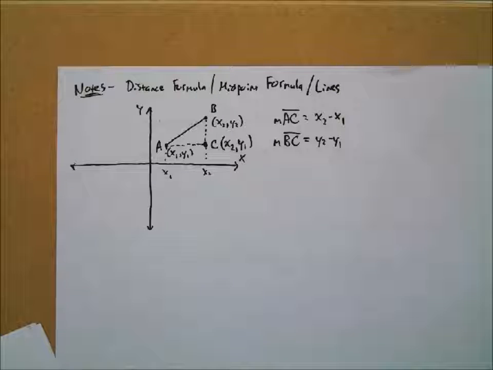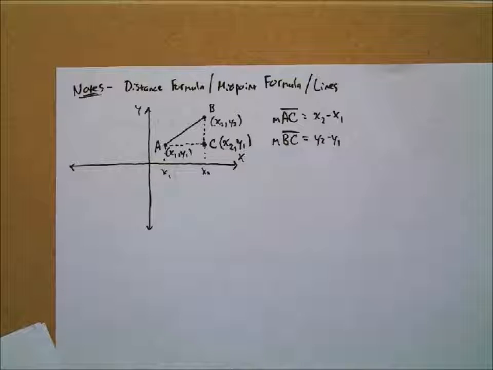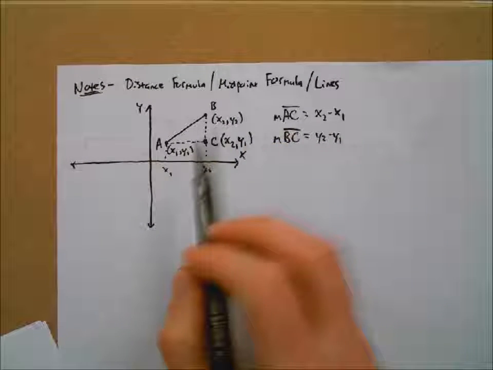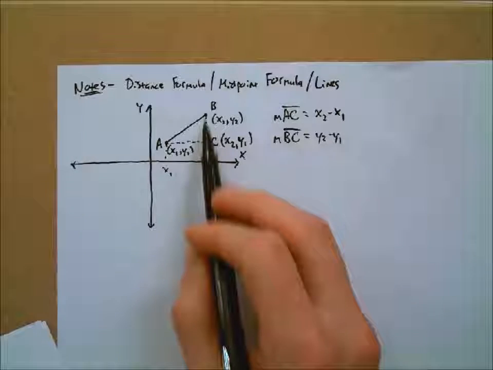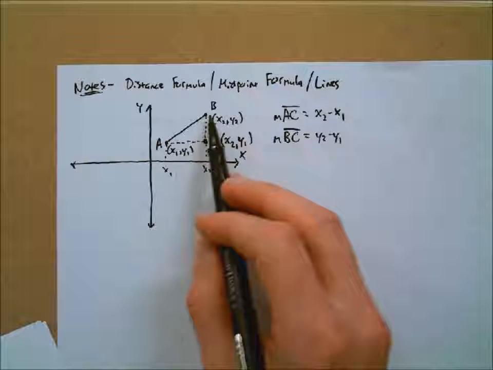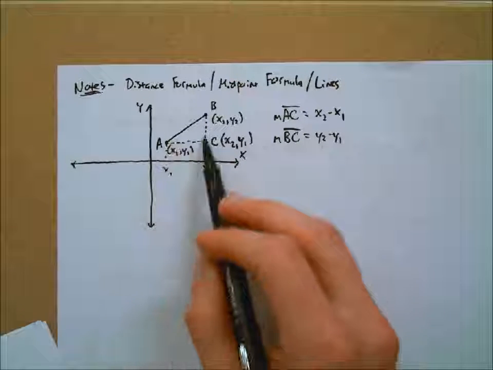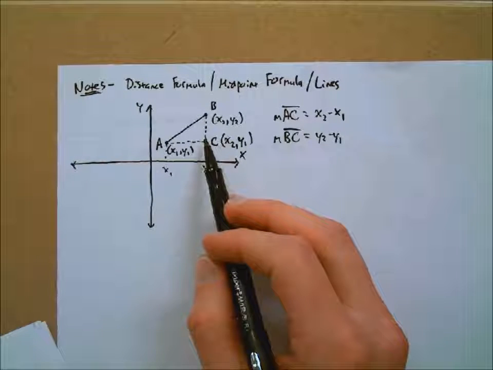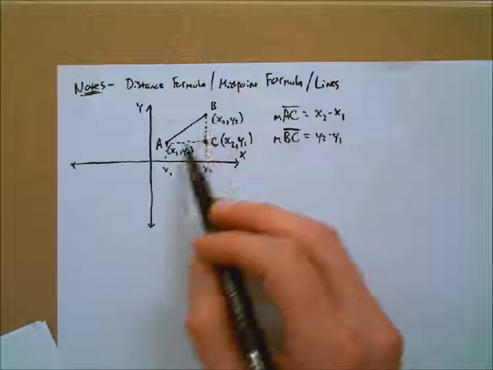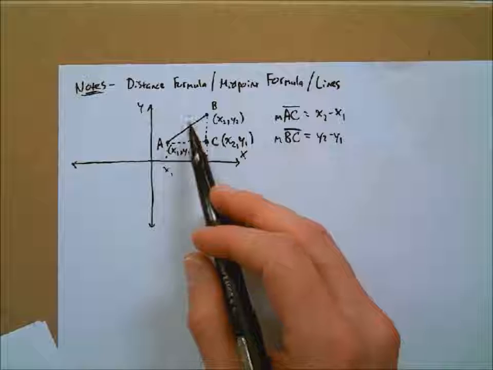Now remember, our purpose here is to find the distance from A to B. But now we have the length from A to C and the length from C to B. What kind of shape is this? It's a triangle, and specifically a right triangle. We have two of the legs, and we want to find the third missing side, the hypotenuse.